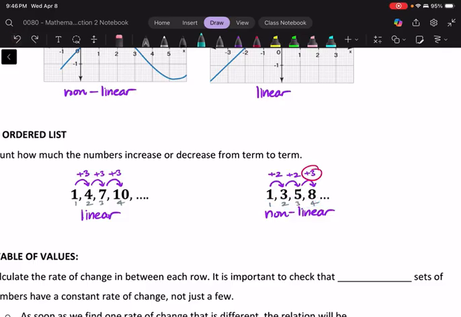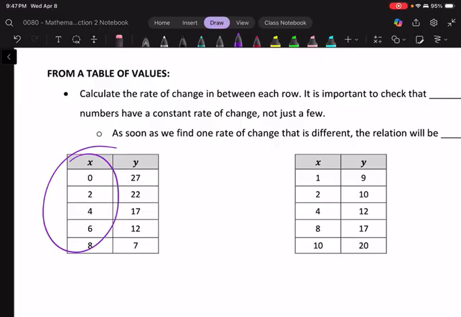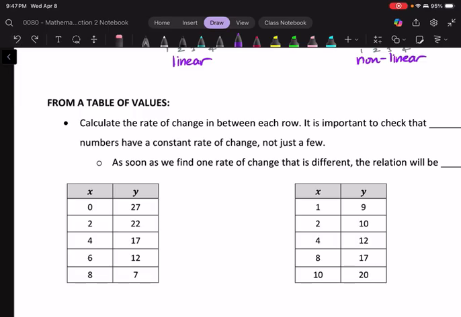From a table of values, we can kind of operate similarly. It's just instead of counting 1, 2, 3, 4, we might have different values put in there for x. When we want to check if a table of values does give us a linear relation, we have to check that both of these are changing by constants, not just one of the columns and not just some things in the columns.